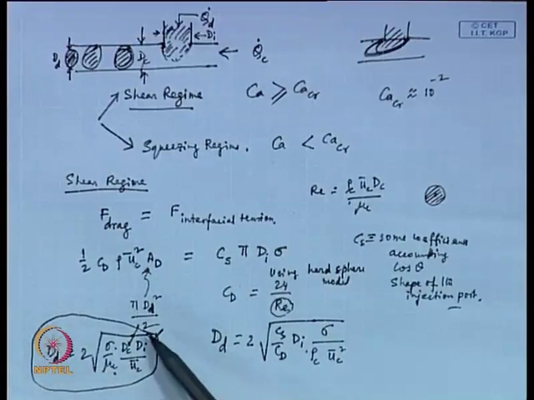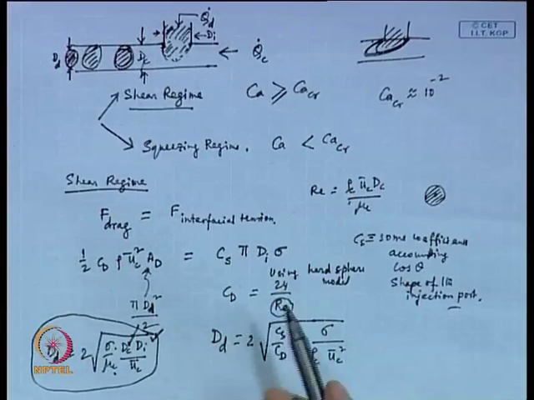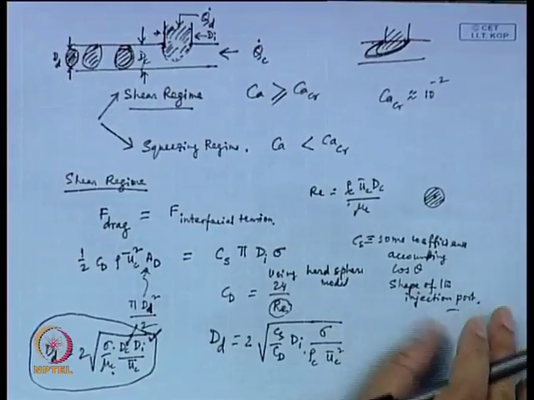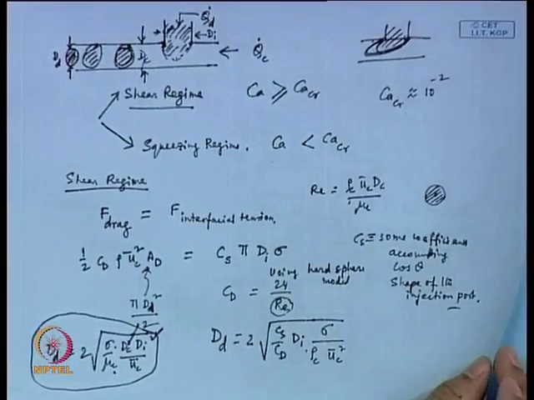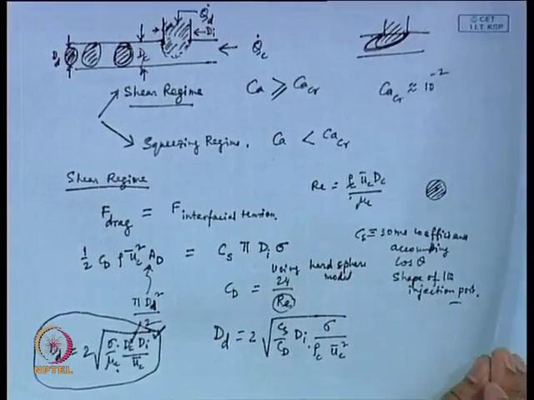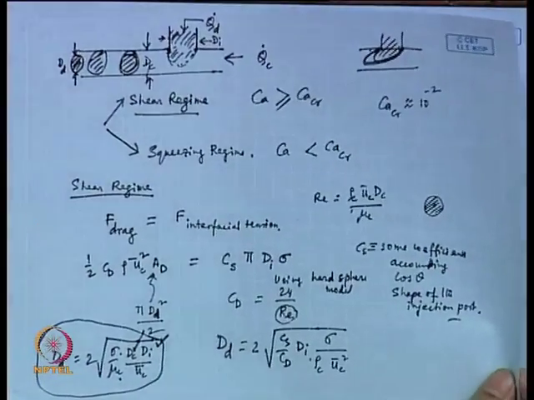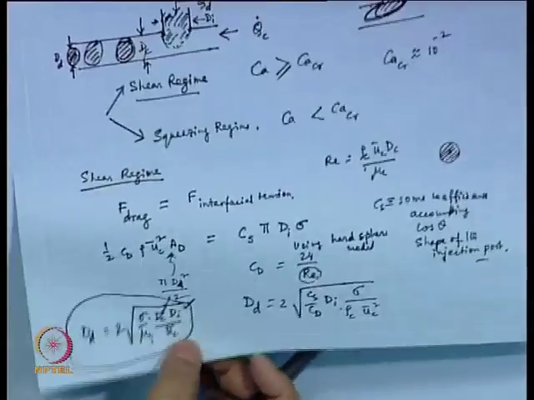So, that gives the diameter of the droplet. If somebody wants to produce droplets of certain diameter, he can choose the dimensions, he can choose the velocity of the carrier fluid, and he can come up with the right dimensions. Okay, that is possible. Now, this is what I called the shear regime, right. We have another regime to talk about.